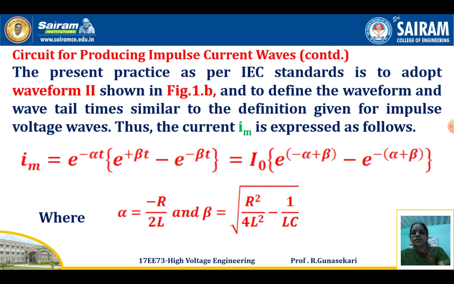But in this overdamped impulse waveform, Im equals e to the power minus alpha t, e to the power beta t minus e to the power minus beta t. In this equation, alpha equals minus R by 2L and beta equals the square root of R squared divided by 4L squared minus 1 by LC. So for the damped oscillatory wave we find alpha and omega, and for the overdamped wave we find alpha and beta.